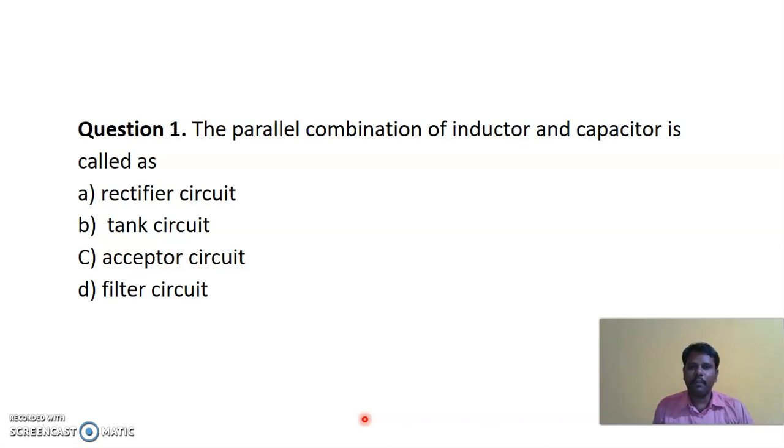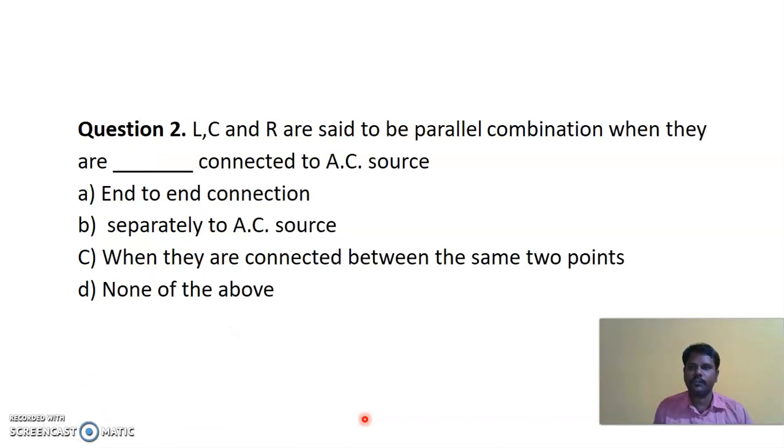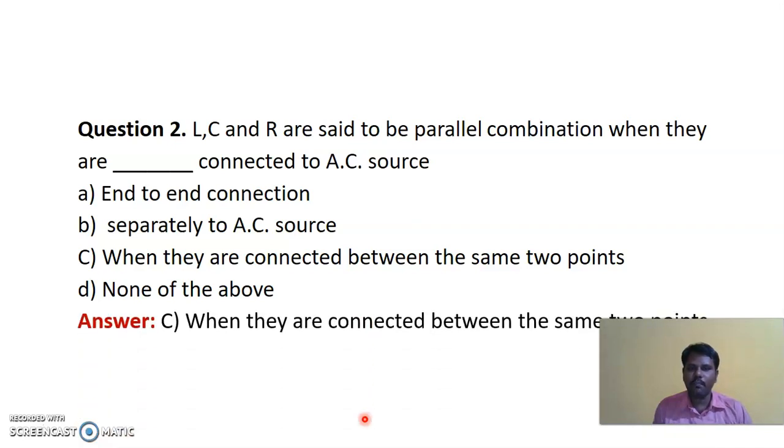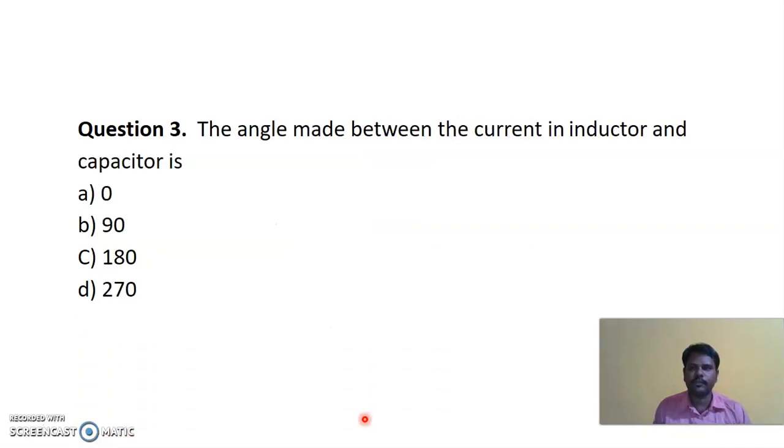The parallel combination of inductor and capacitor is called a tank circuit. LC are said to be parallel when they are connected between the same two points.